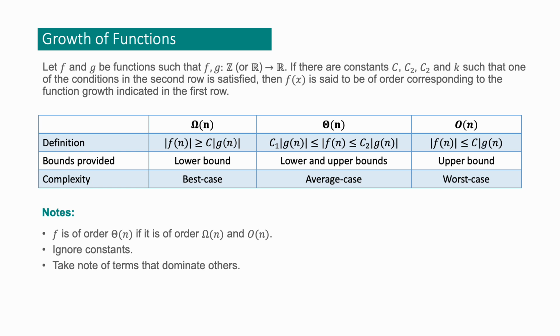For example, the best case, big omega, is defined as the absolute value of f of n being greater than or equal to c times g of n. So it provides the lower bound. That's why it's called the best case.